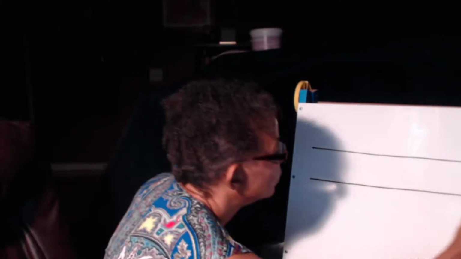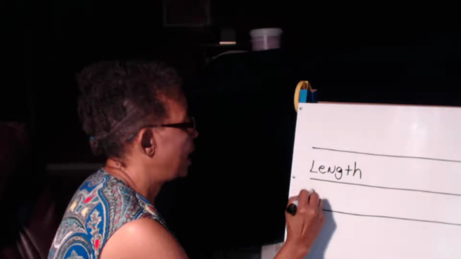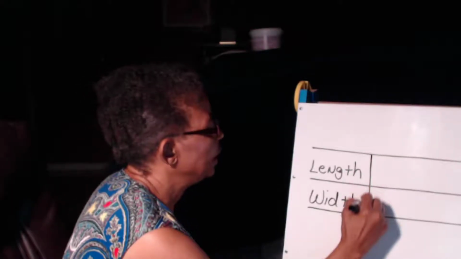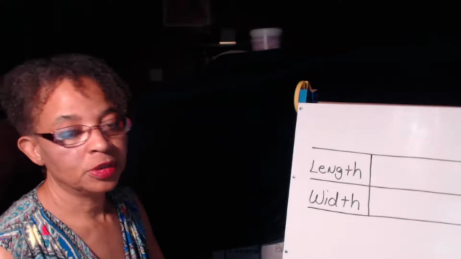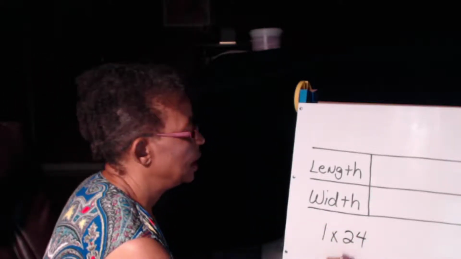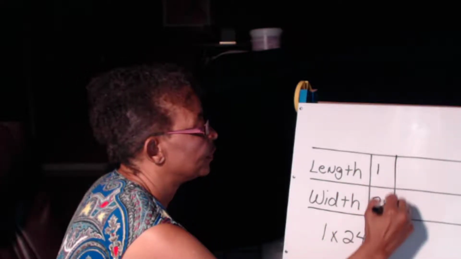So we have the length, we have the width. So in this table, think of all the multiples of 24. You have 1 times 24. So if the length is 1, the width would be 24. Because 1 times 24 is 24.